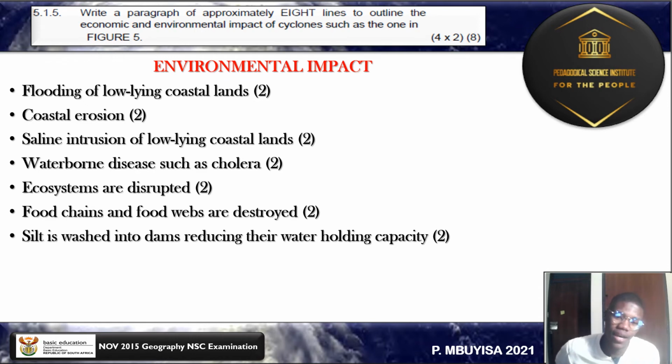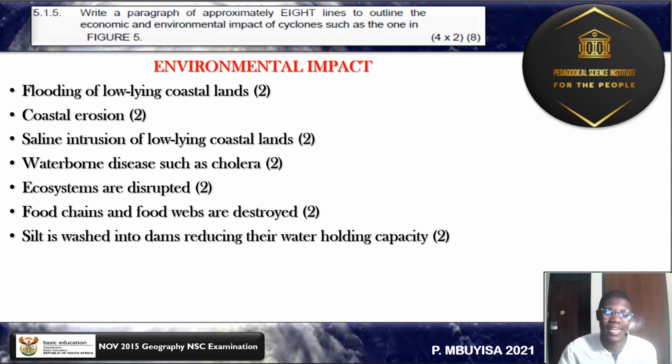And again, in terms of damage to food chains, we can also think about how fertile soil is going to be washed into water bodies. That may cause eutrophication and algal blooms, and as a result, the water bodies will be destroyed and water quality decreases, of course, and that may destroy food chains as people may be fishing in that water, and as a result they won't have access to the fish anymore.